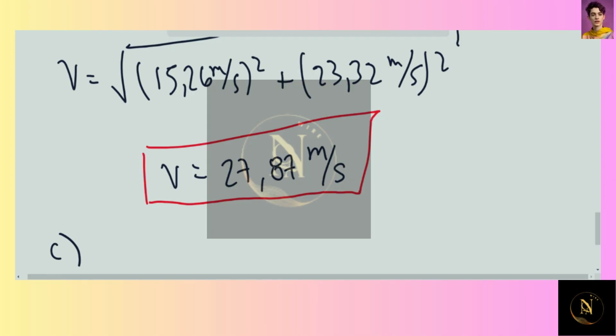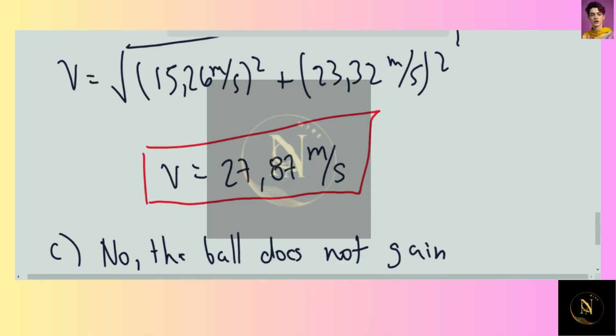But if you compare the initial translational kinetic energy and rotational kinetic energy from the bottom of the hill to this final kinetic energy, we will have that the energy is conserved. So the answer is no, the ball does not gain energy.